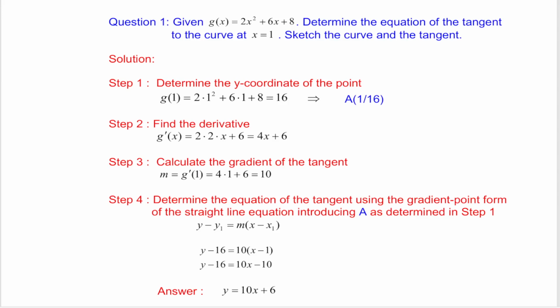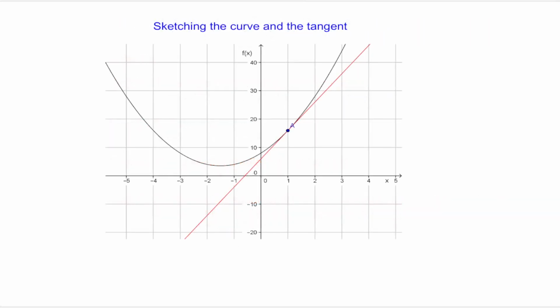Following the lines and doing some equivalence transformations, this will give us the answer y equals 10 times x plus 6. If we now sketch the curve and the tangent, we can see this in the following graph. The curve g and the point A as well as the tangent are shown.